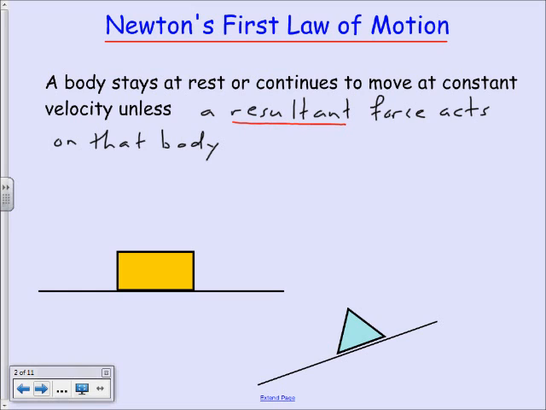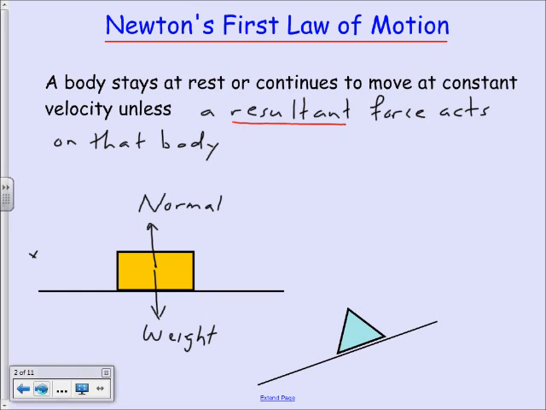Right, so a couple of little examples here. Let's say we've just in this left-hand diagram got a box sitting on a horizontal surface. Then there is going to be a weight force downwards, the force due to gravity, and there will be an equal and opposite upwards force. You could call it the reaction force. That sometimes can be a little bit misleading, so I'm going to call it the normal force.